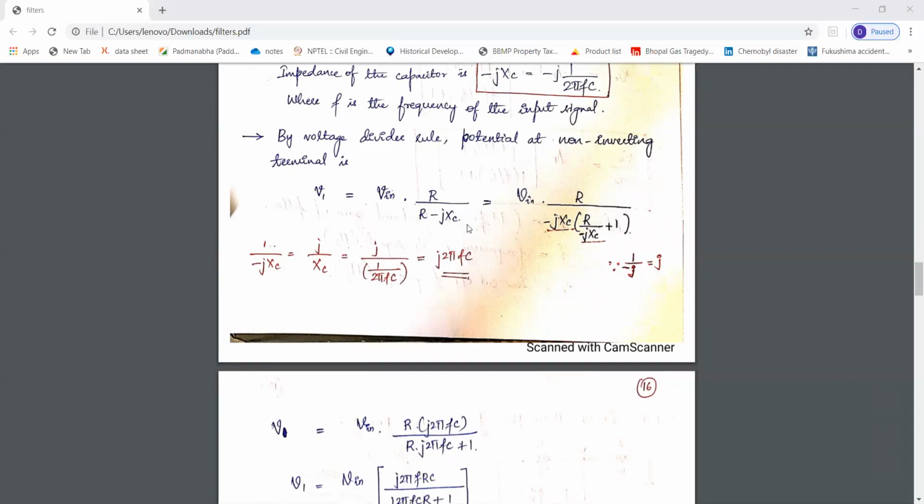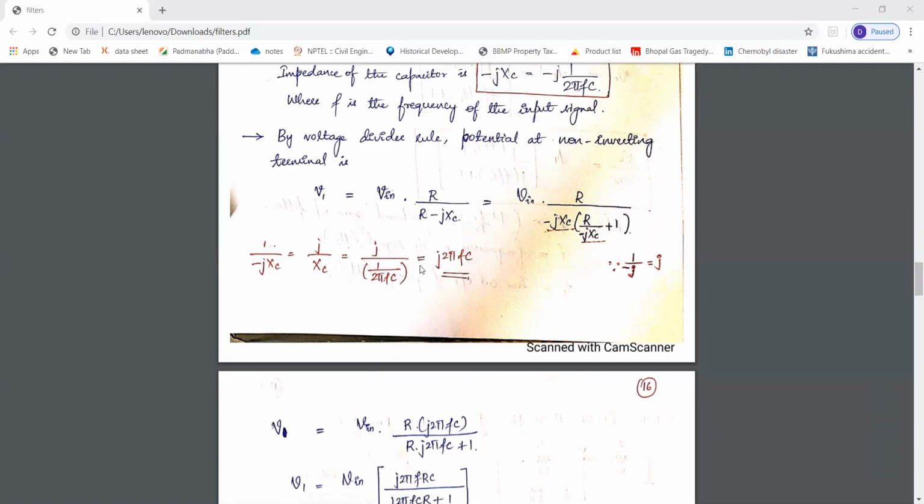Now I'll take minus jXc as common in the denominator. So I will get Vin into R by minus jXc, divided by R by minus jXc plus 1. Here I have 1 by minus jXc in this term also. 1 by minus jXc can be written as j by Xc, because 1 by minus j can be written as j, and we know that Xc is equal to 1 by 2 pi fc.